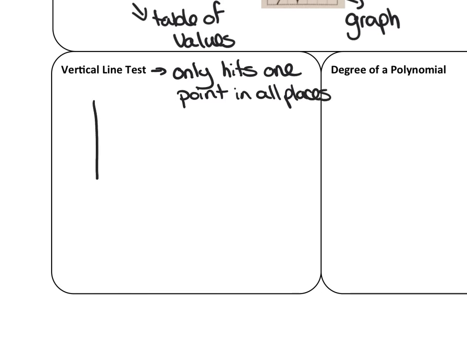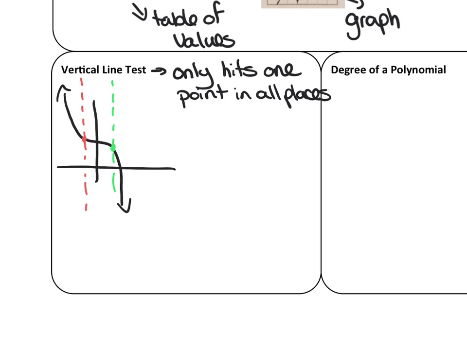So let's say that we have a function like this one. This is a cubic. If we pass a vertical line through any point on this graph, it will only pass the y once. So we can have one there. We could try again over here, and it only passes through once. So that's the vertical line test.